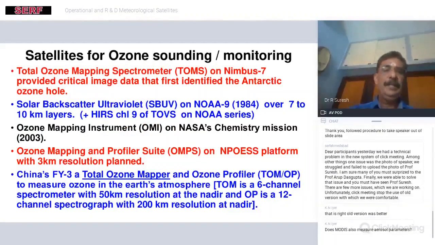Then in addition, the ozone mapping spectrometer TOMS, whatever was available in Nimbus 7. So in that particular concept, so much improvement has come, and the current day NASA-based Ozone Mapping Instrument (OMI) mission is ongoing, and the Total Ozone Mapper and Ozone Profiler, TOMOP, are with Fengyun.